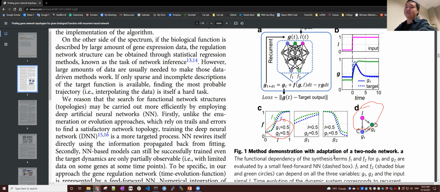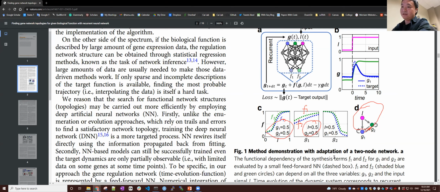And the same logic apply to these two curves. For example, if we feed I and G2, and we see the F1 and F2, they both increase when the G1 increase, which means the G1 will positively govern the expression of G2.